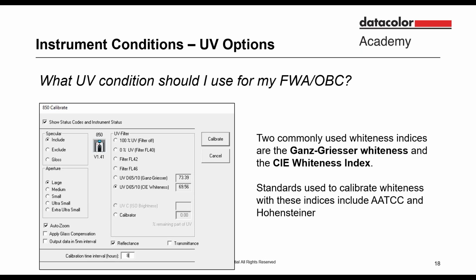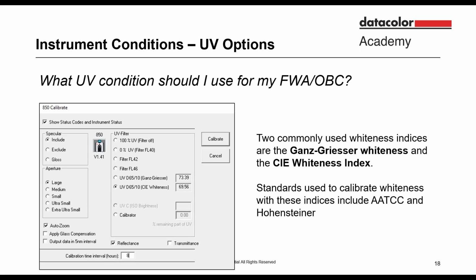When we talk about optical brighteners, white materials, fluorescent white materials, or materials treated with fluorescent white agents, the recommendation is to calibrate the instrument for UV to be able to quantify the amount of UV we are using to measure our samples.